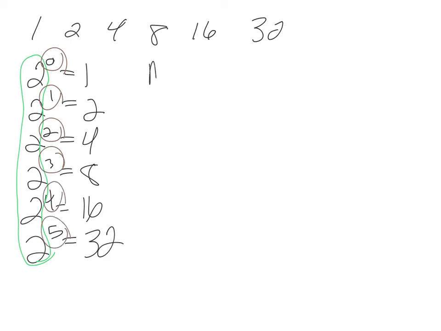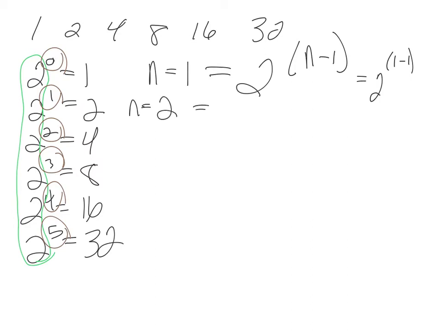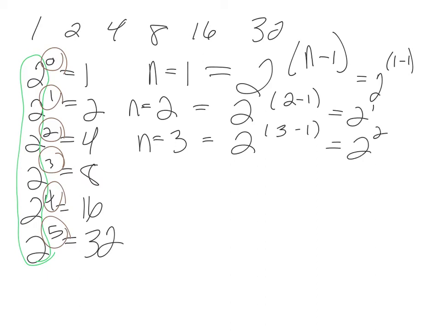If we're talking n equals 1, our first term, we're going to say that is 2 to the n minus 1. So this one would be 2 to the 1 minus 1, which is 2 to the 0. For n equals 2, I get 2 to the 2 minus 1, which is 2 to the first power. I get 2 to the 3 minus 1, which is 2 squared, n equals 4, 2 to the 4 minus 1, 2 cubed, n equals 5.